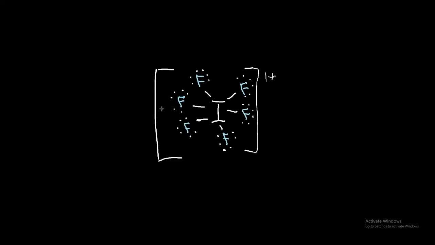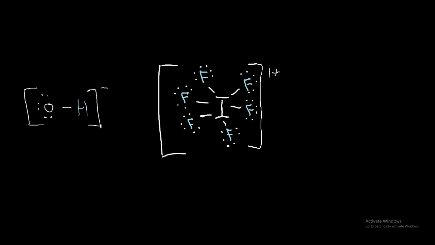Now, let's take a look at the molecule that we had, IF6 1+. So let's analyze and discover what kind of forces we have going on here, both intermolecular and intramolecular forces. So as for intramolecular forces, we can see that we have covalent bonds.